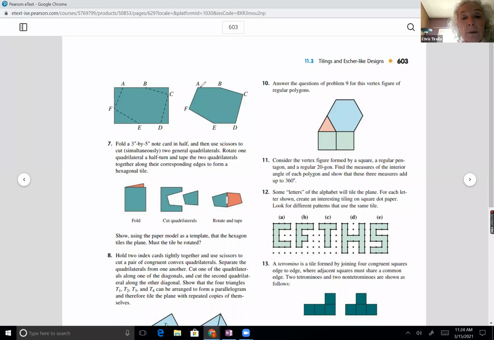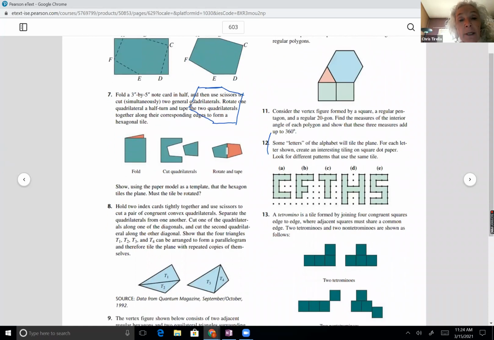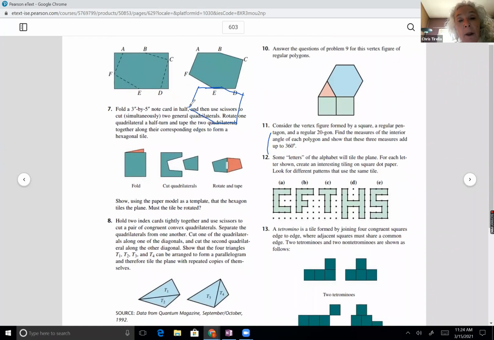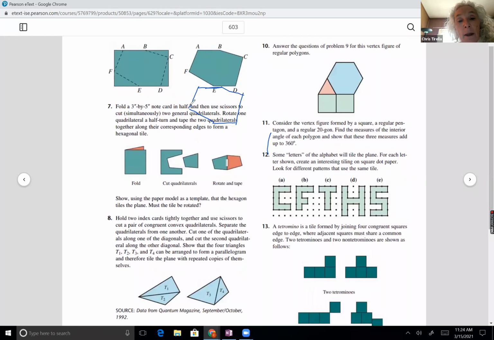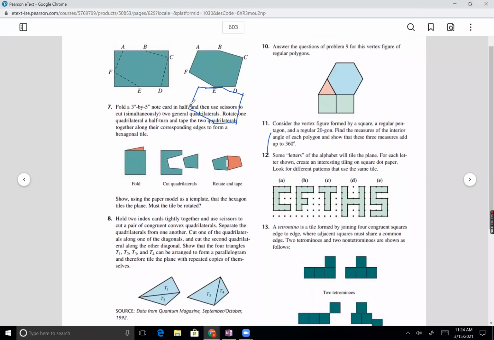I'm going to trace this. And then when I try to translate it, it makes sense that A, B, and D, E would have to match up. And this isn't going to let me slide.